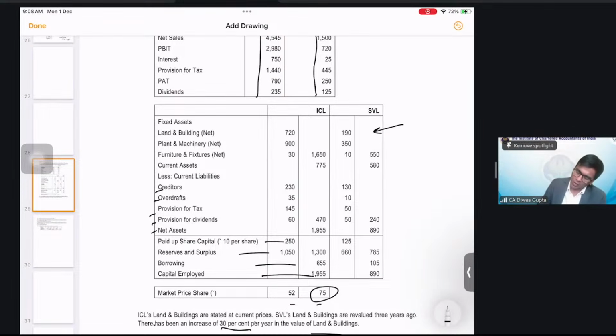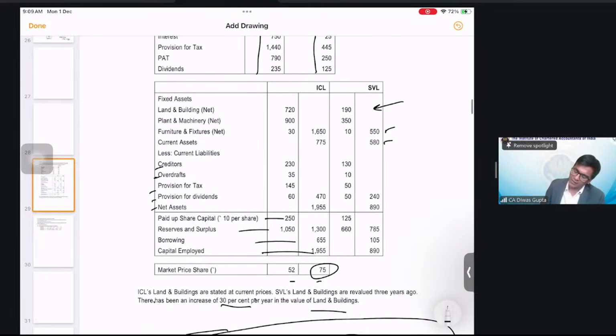So here we are talking about 550 and 580 here. Okay. So furniture and fixtures and current assets. From that, we will reduce the total of liabilities as well, which is this much, 240.